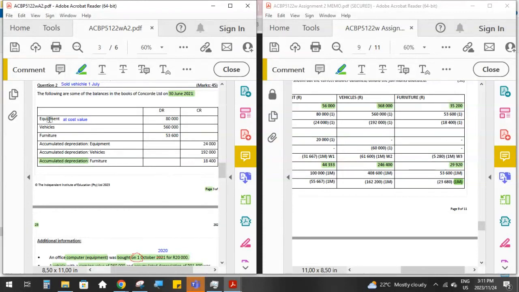So that when I take equipment at cost, 80,000, and I subtract the negative asset equipment depreciation, 24,000, 80,000 cost minus 24,000 ACDEP, I can see that the carrying value of the equipment at the beginning of the year was 56,000 Rand.